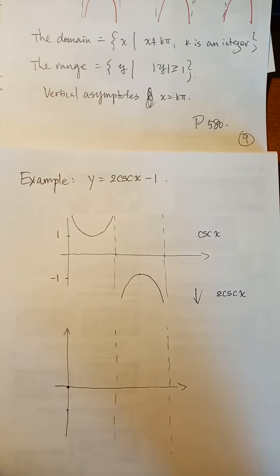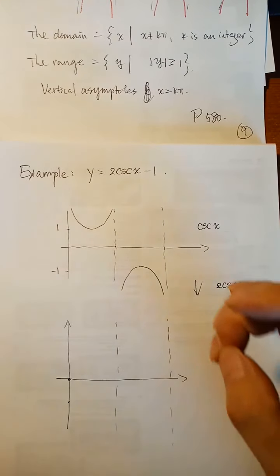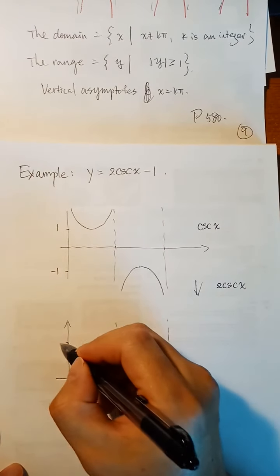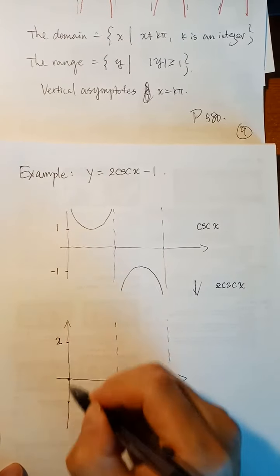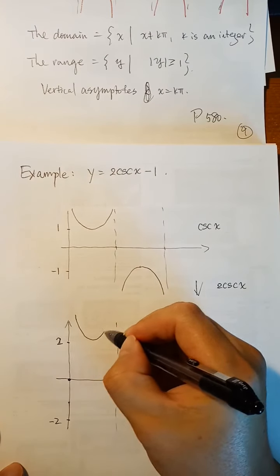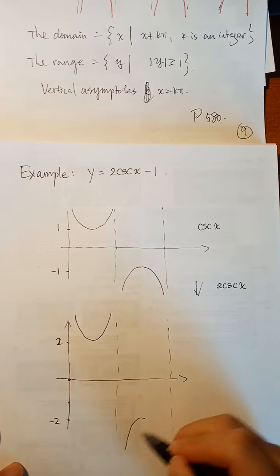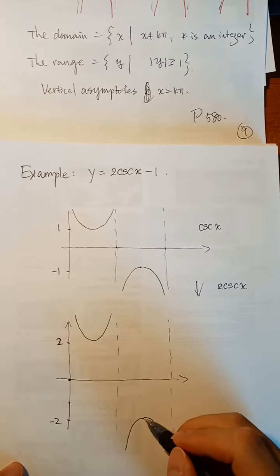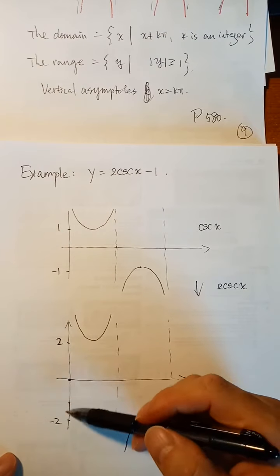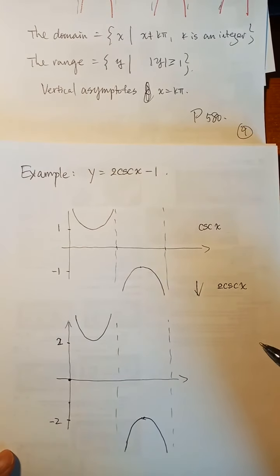We don't say shift, we say stretch. Okay, let's continue. We stretch it along the y direction. So here, when you do it, you just change the label from 1 to 2, negative 1 to negative 2. You get the similar graph. Because we don't have the exact scale, so we just change the label.